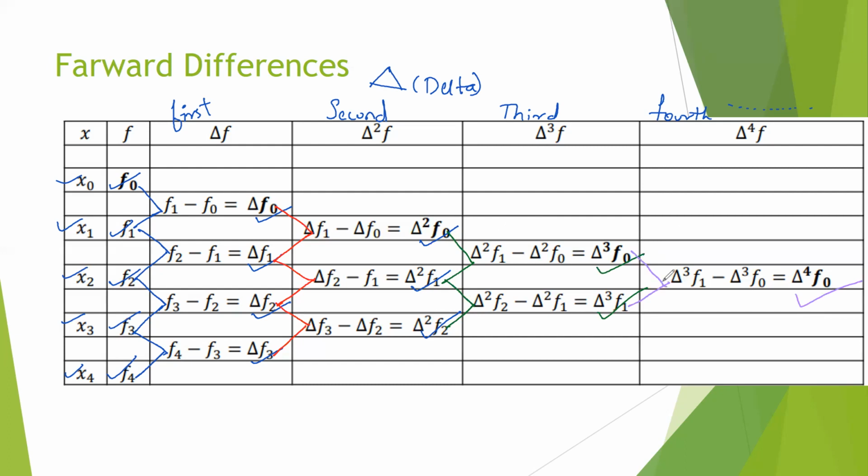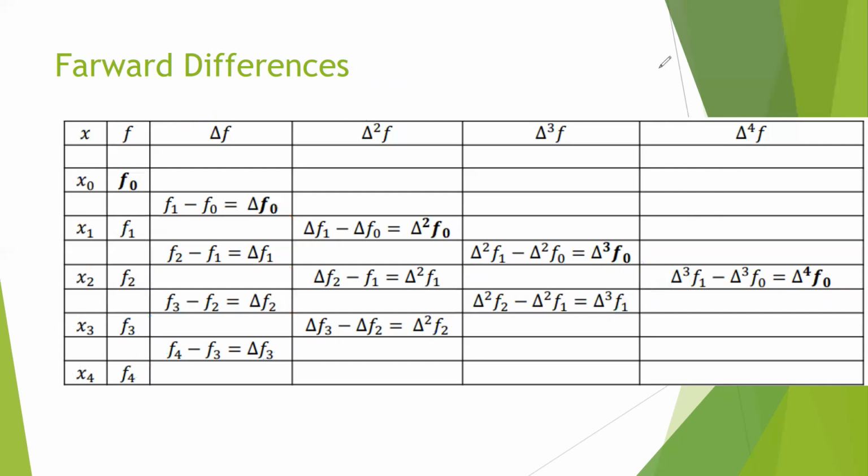Like this, the first, second, third, fourth forward differences and so on are calculated using the forward difference table. The forward operator is denoted with delta.